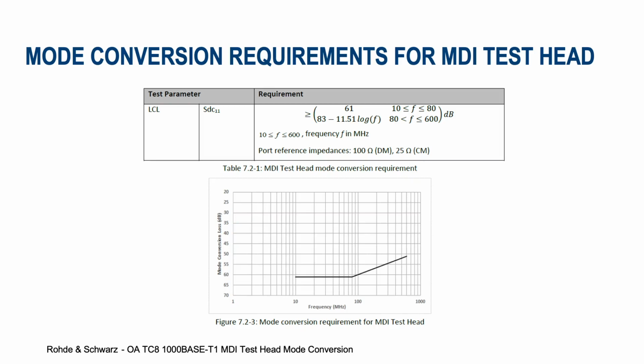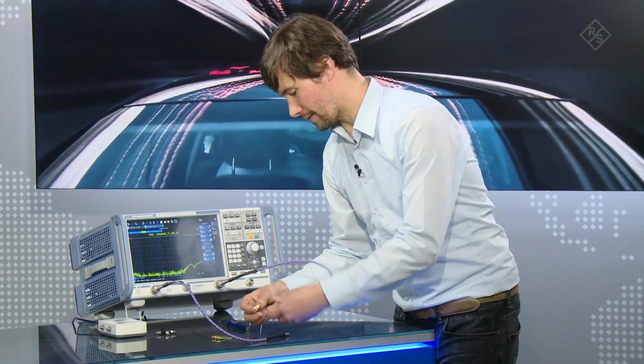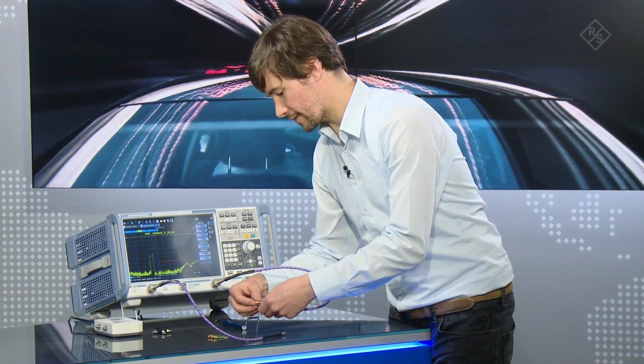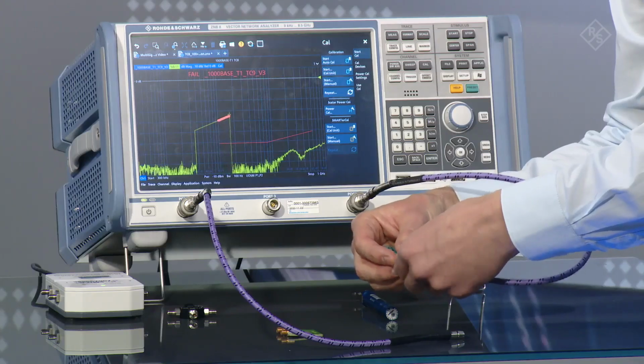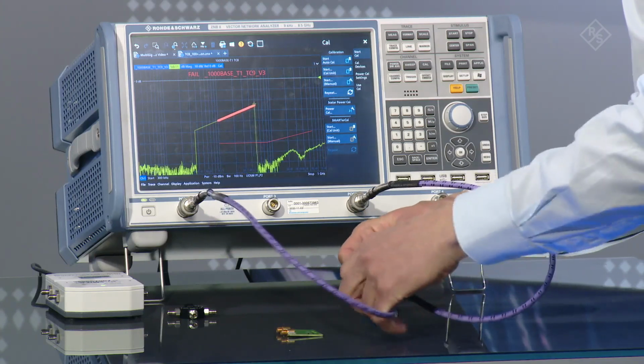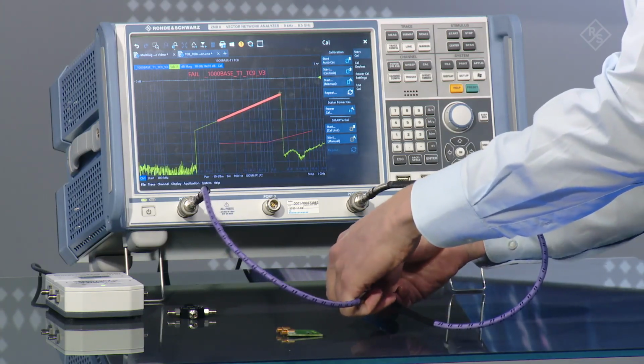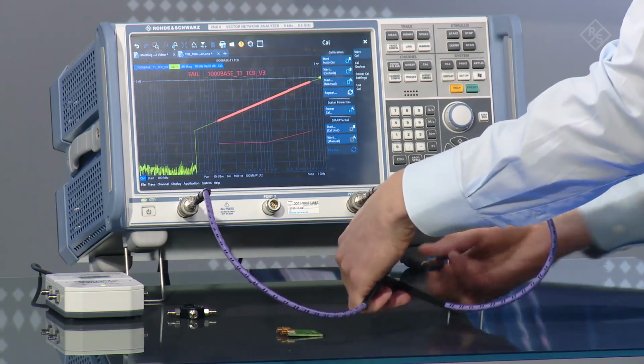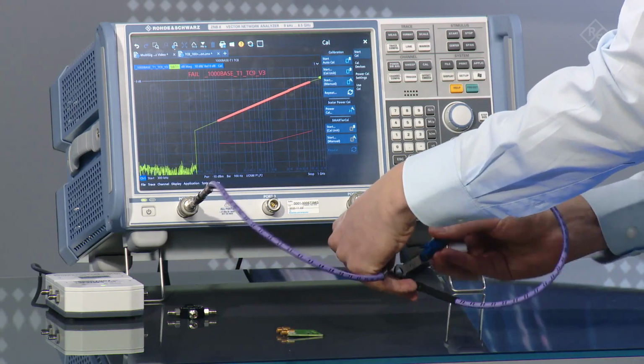So I guess now we are ready to connect the test heads and have a look at the performance. Yes. So now I connect the MDI test heads. The first one is a Rosenberger MDI test head. So the measurement is done with only 100 Hertz of IF bandwidth.